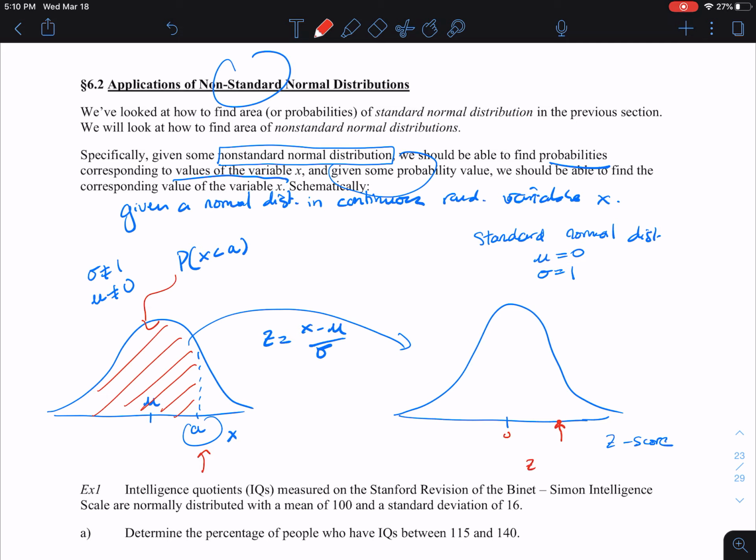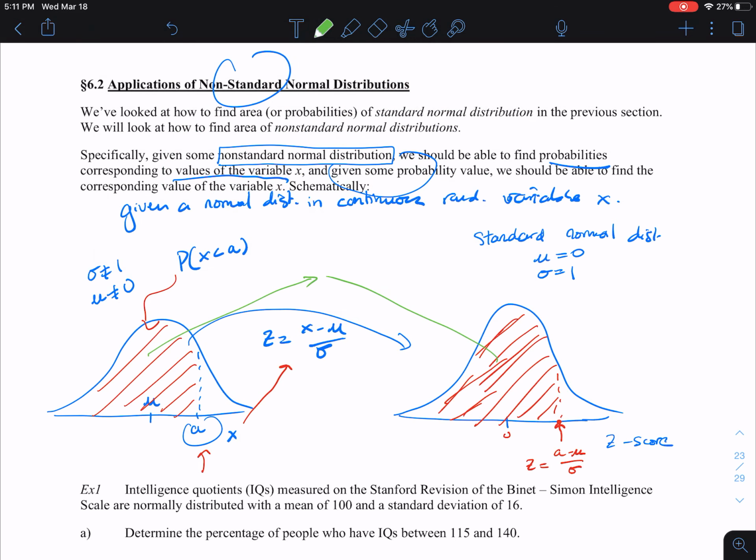That z-score is A minus mu over sigma, with whatever A is plugged into this formula. And that z-score will yield an area to the left that is exactly, or approximately, the same as the area in the other graph. Same area, same probability.